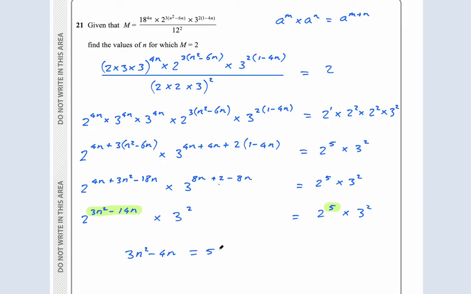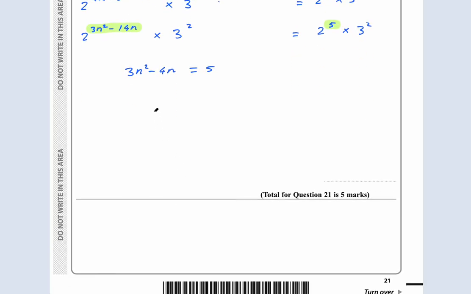Now that is the hard part done, because now we have a quadratic equation that is not necessarily simple, but we've done these before. This was quite new and challenging, right? So now I just have to solve this quadratic. I'm going to factorize it. You can use the formula if you don't like factorizing. 3n squared minus 14n minus 5 equals 0. 3n and n are the factors of 3n squared. 5 and 1.